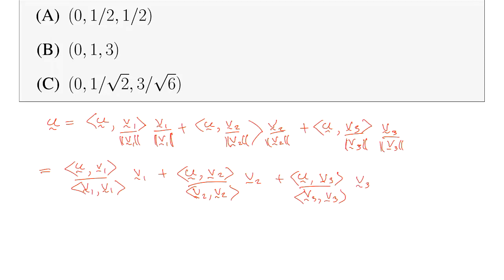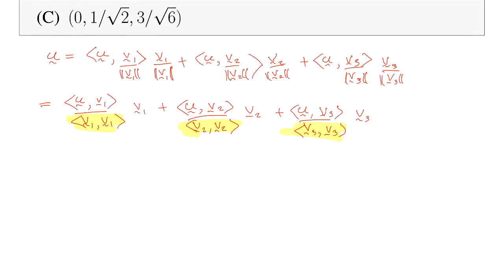So now we've got an expression for how to write any vector u that we're interested in as a linear combination of the elements of our orthogonal basis. It looks very much like the previous theorem, but the only thing you have to keep in mind is that you have to divide by the squared length of all your basis vectors in the coefficients. If your basis was orthonormal, the special case, all those inner products in the denominator are 1. So this is a slight generalization of what we just proved.